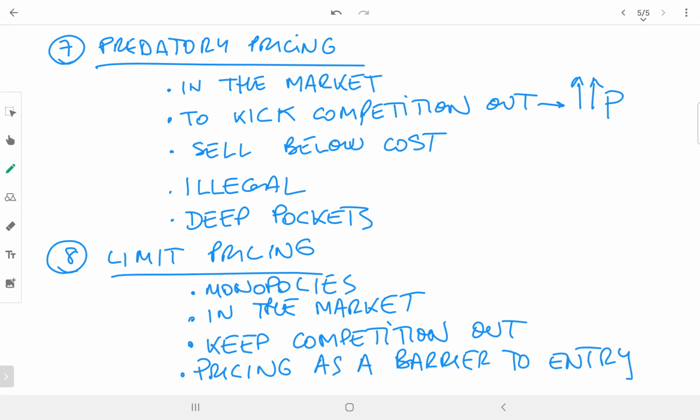If it's a natural monopoly with huge economies of scale and there's huge profitability to be made, then some people may take the plunge. If it's a profitable market, but not crazy profitable, that's going to keep some people out.